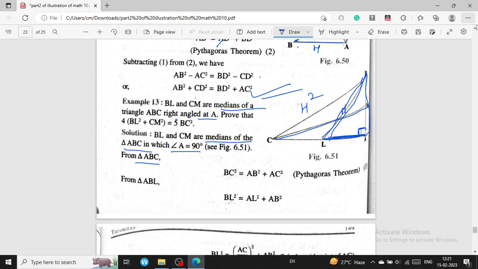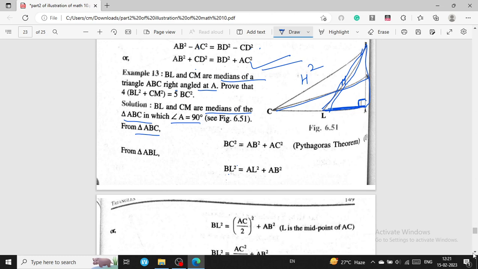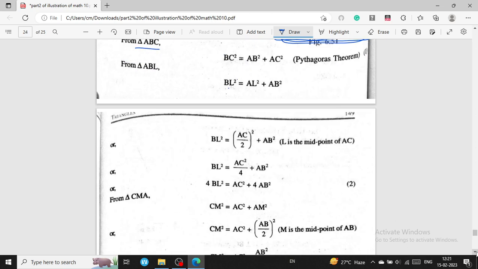Now next, BL square is equal to AL square plus AB square. AL is half of AC. So we can write here in AL's place AC over 2 whole square plus AB square, because L is the midpoint of AC, that's why we can write AC over 2 instead of AL.